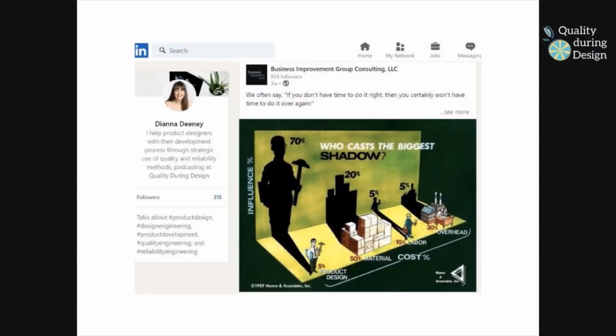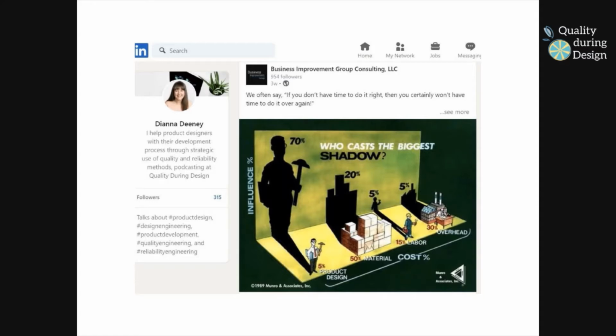Making rounds on social media was a graphic about different parts of an organization and which one has the biggest influence on cost. It was titled, "Who Casts the Biggest Shadow?" I thought it was interesting, so I want to share it with you. On the x-axis was the cost, and on the y-axis was influence.